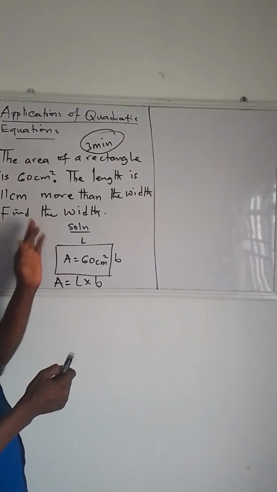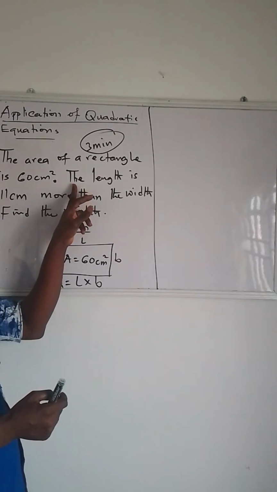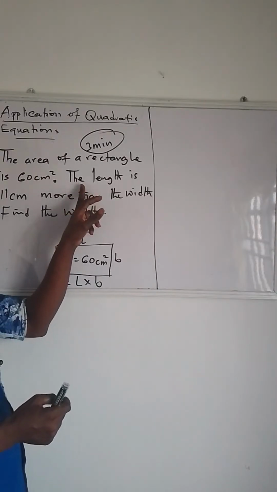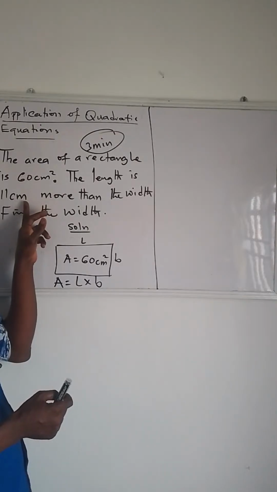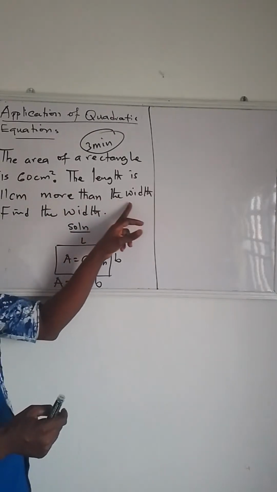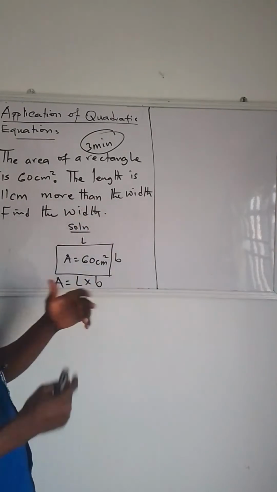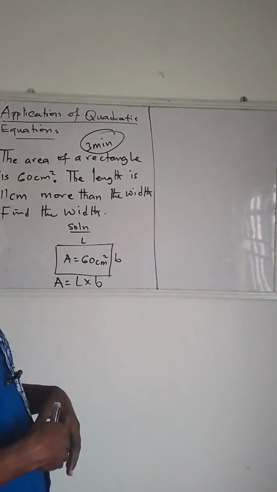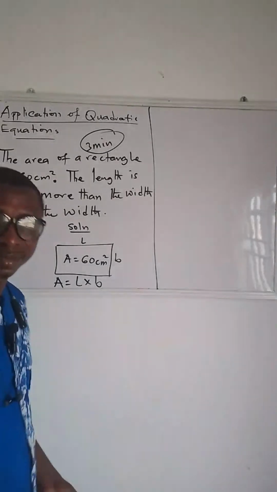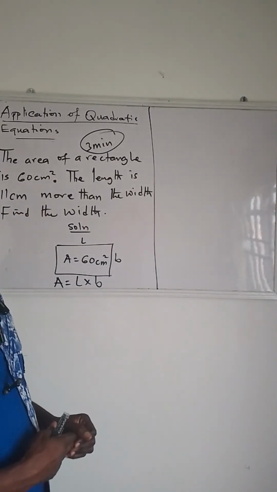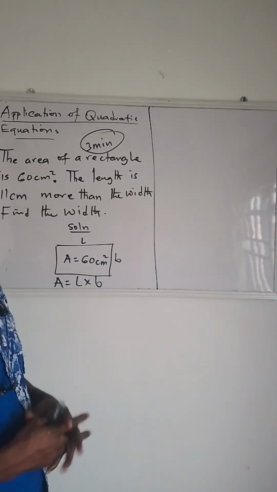Okay. So now look at the information we have again. Now, the length is 11 centimeter more than the width. That is, if the width is 10, the length is going to be what? 21.